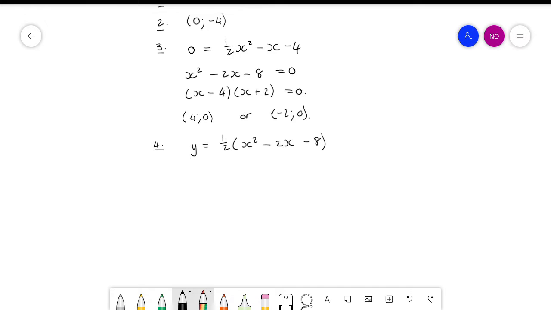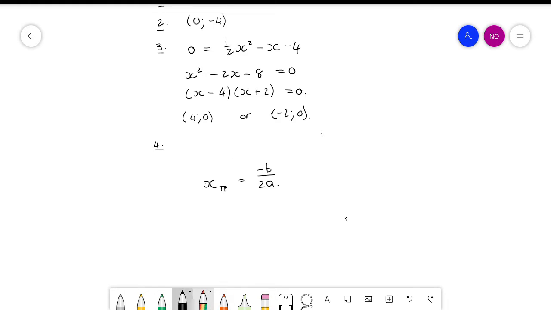So I'm going to say the x-value of the turning point is minus b over 2a. Now be careful, because you can't use this thing's b-value now. You need to use the original b value and the original a value.